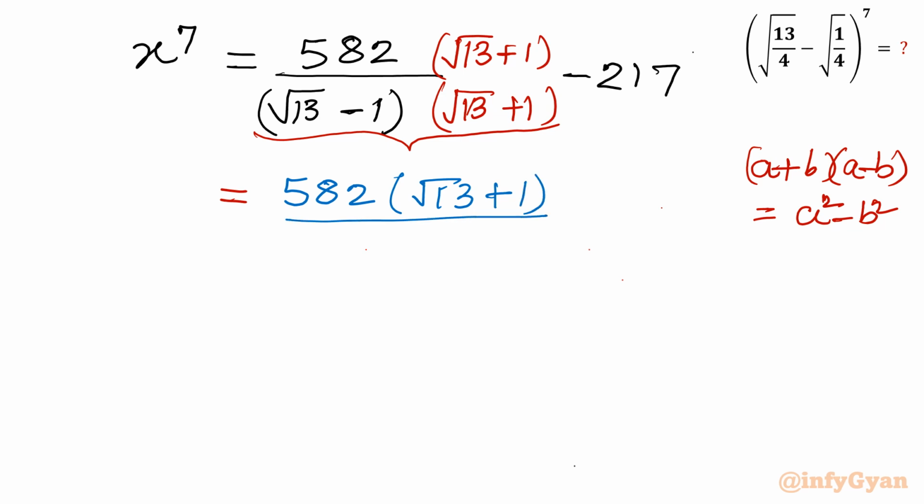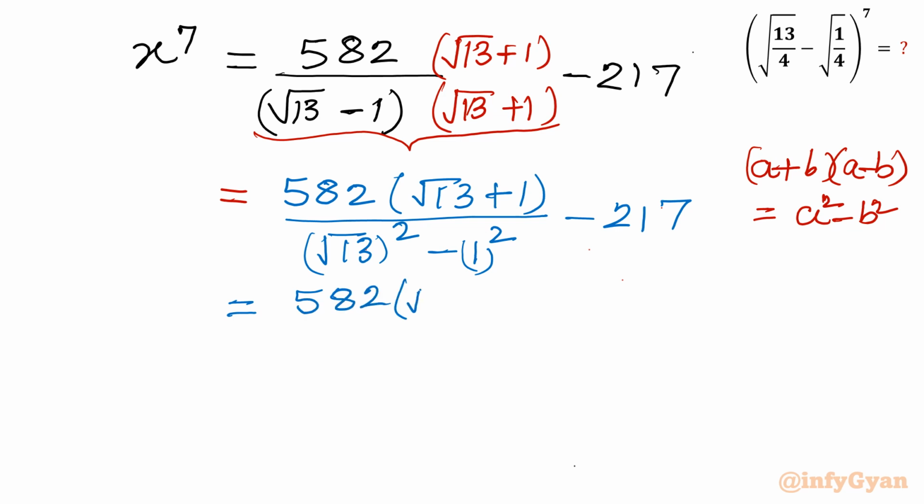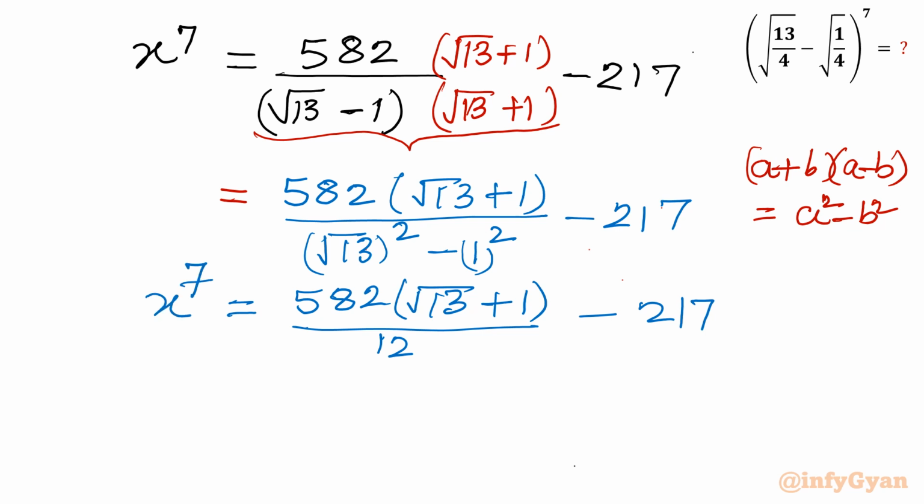In the denominator it is root 13 square minus 1 whole square, minus 217. Now root 13 square is 13. So I will write 582 times (root 13 plus 1) divided by 13 minus 1, which is 12, minus 217. X power 7 is equal to expression E.